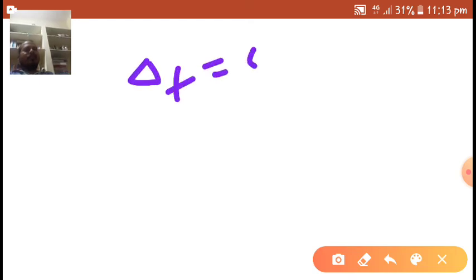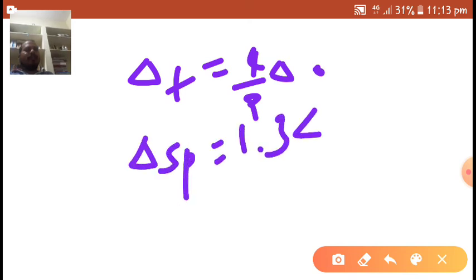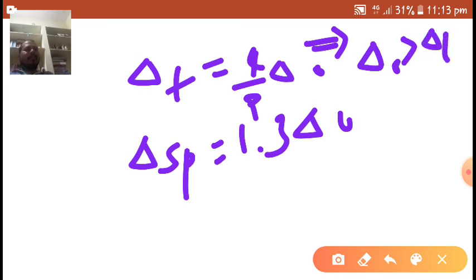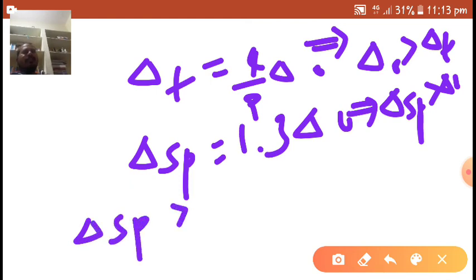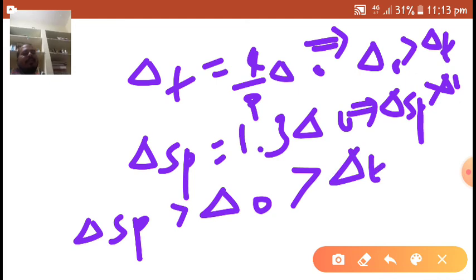So from these two statements, that is delta T is equal to 4 by 9 delta O and delta Sp is equal to 1.3 delta O, from the first equation we can conclude that delta O is greater than delta T. From here delta Sp is greater than delta O. So we can derive that the crystal field splitting energy of square planar complexes is higher than octahedral complexes, which is higher than tetrahedral complexes.